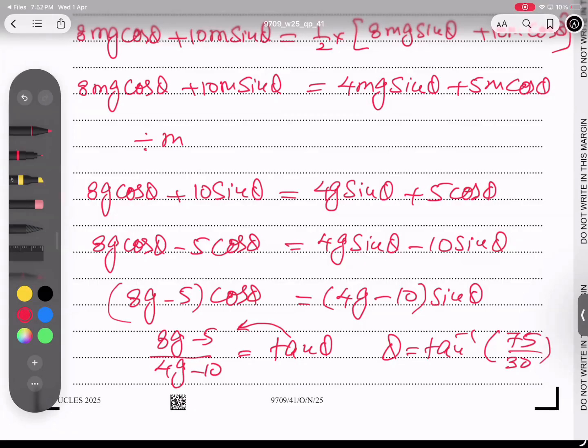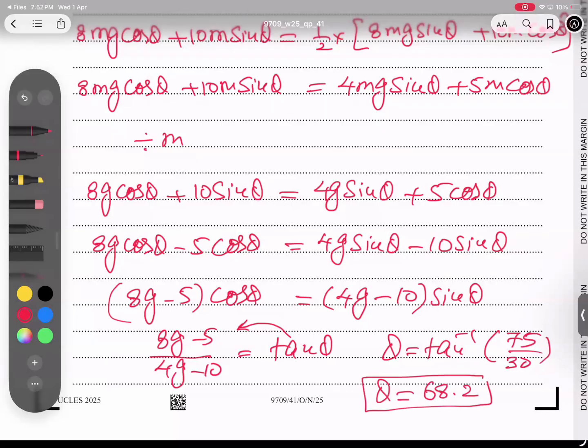So 75 divided by 30, and take tan inverse of this. Let me check once again. So yes, after typing in, I get 68.198. After rounding, I got 68.2 degrees.